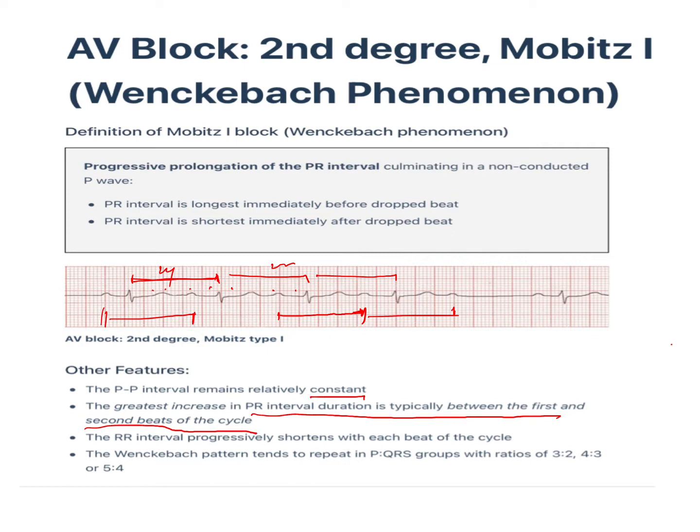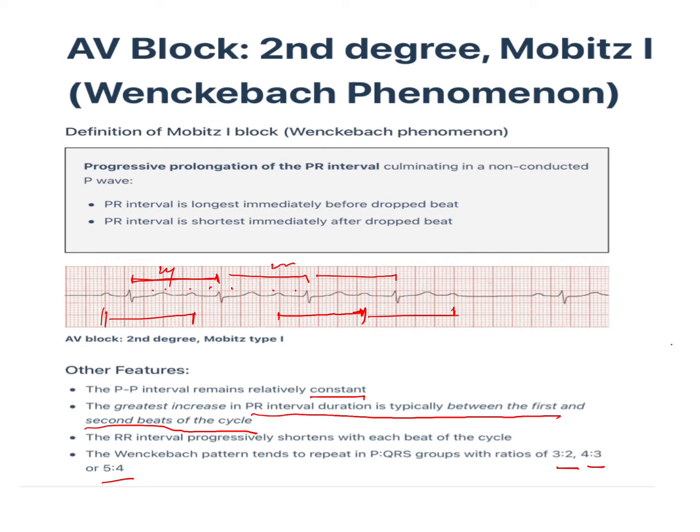It says that there will be an increase in the PR interval duration typically between the first and second beat of the cycle. Again, we get these PQRS complexes in the ratio of 3 to 2, 4 to 3, or 5 to 4.